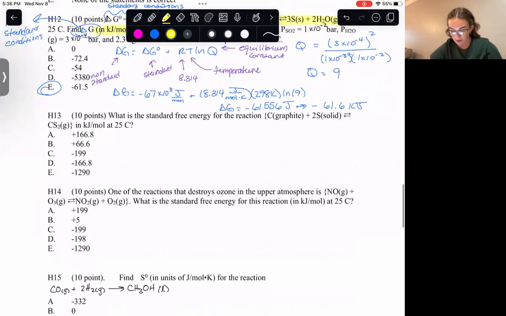Question 13. What is the standard free energy for the reaction C graphite plus 2 S solid goes to CS2 in kilojoules per mole? Can someone tell me what we need to do for this one? Or I guess, what letter are we solving for when we said we want to find the standard free energy?